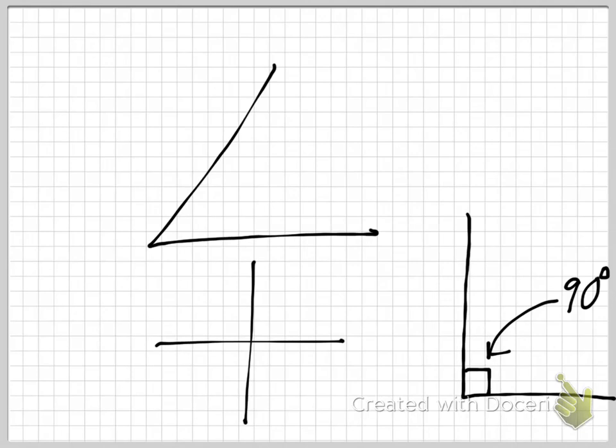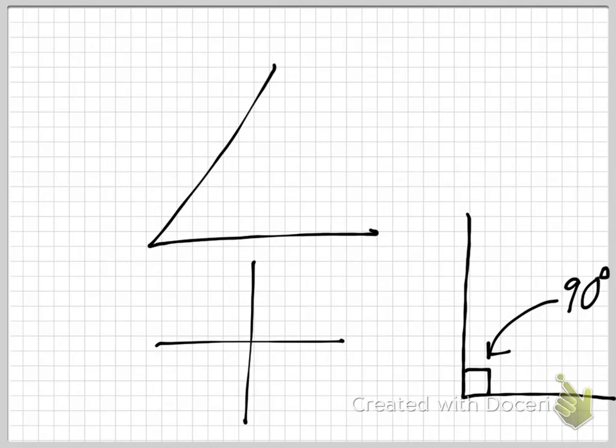What's another name for a 90-degree angle? A right angle. And you mark a right angle by putting a little box there. That tells everyone that that angle right there is a right angle. If you just drew it like this and left it like that, I don't know that you really know that it's a right angle, right?